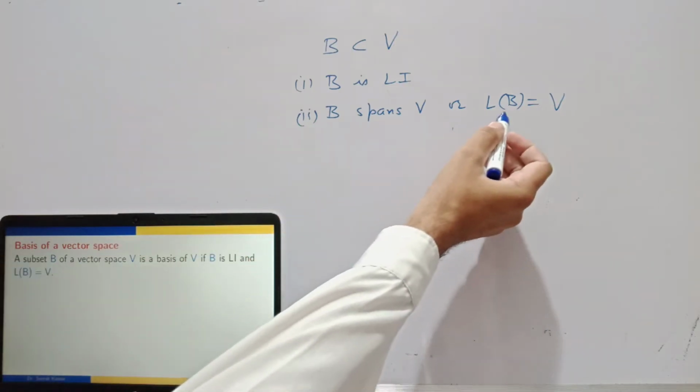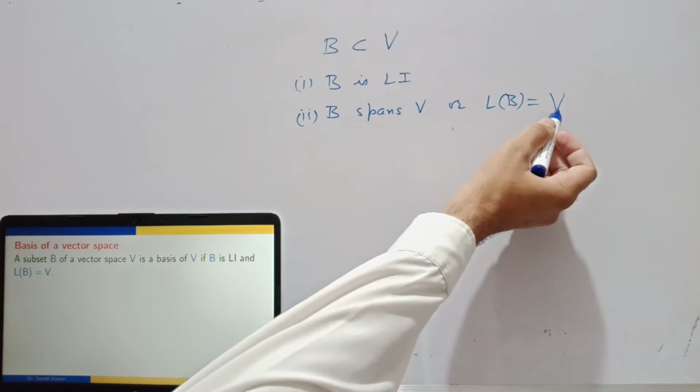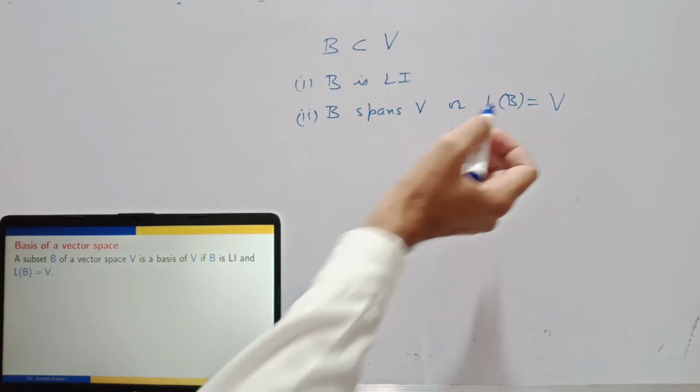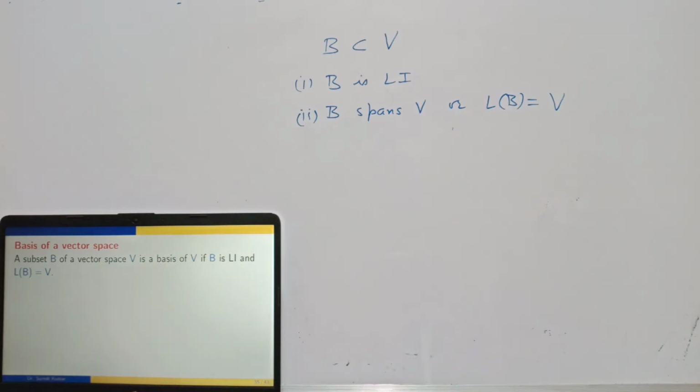Spanning set means L(B) equals V, or you can say any vector in V can be written as linear combination of the members of B.